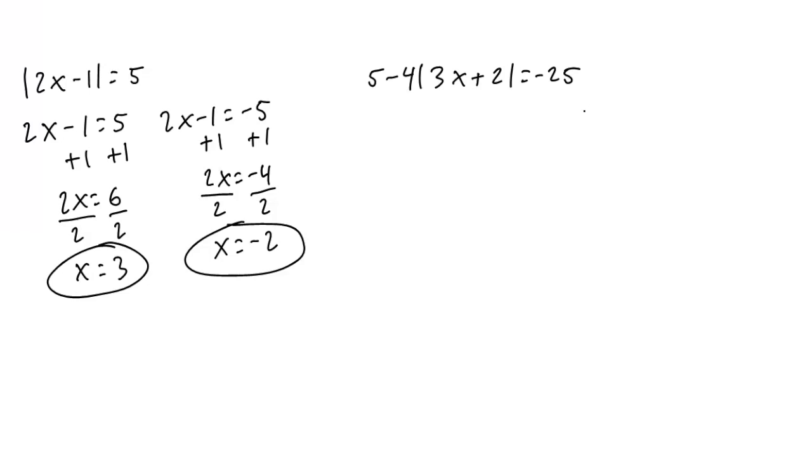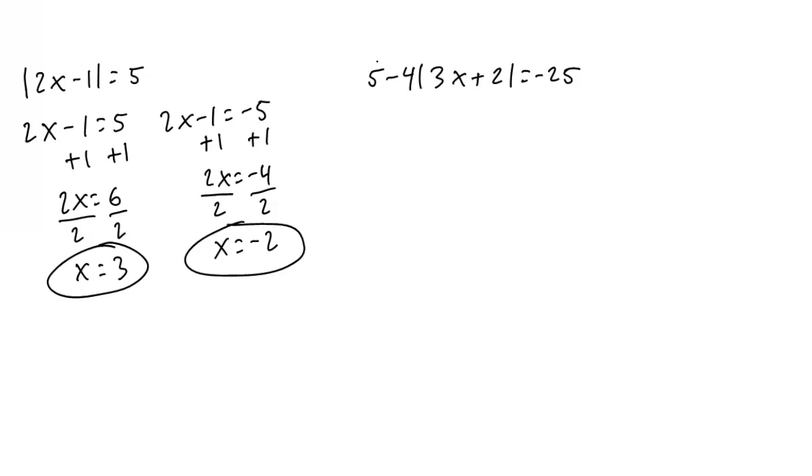On this one on the right over here, we've got these absolute value bars, but the problem is that we've got more outside of them. So before we split it up into two equations, like we just did, we need to make it so just the absolute value is on the left side. So, first, we need to get rid of this 5.